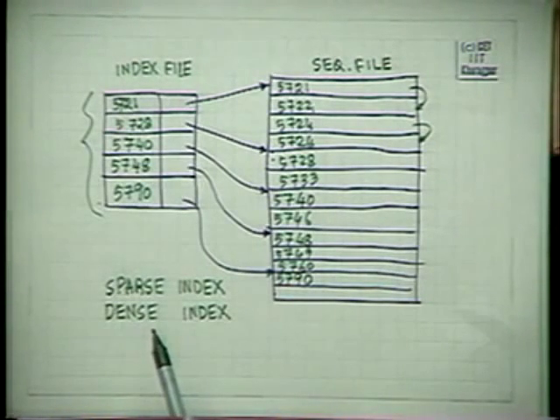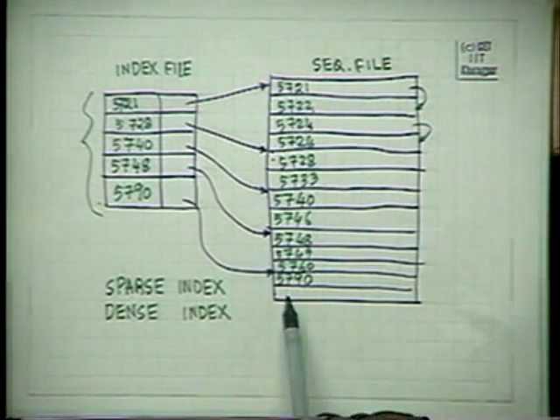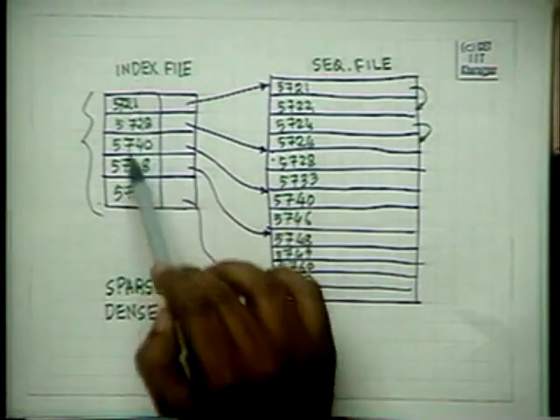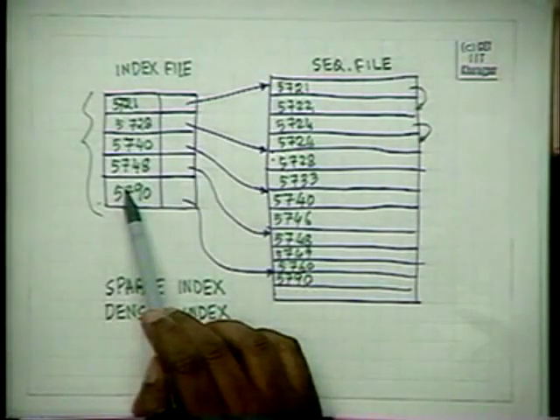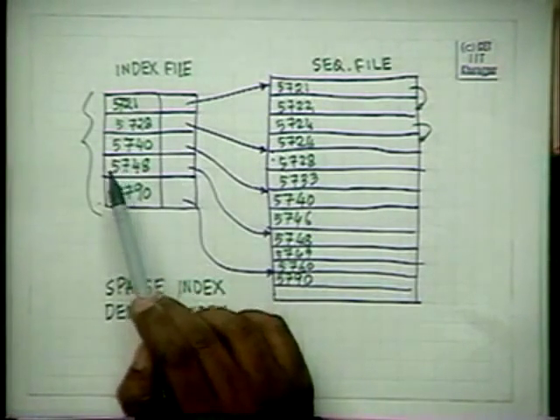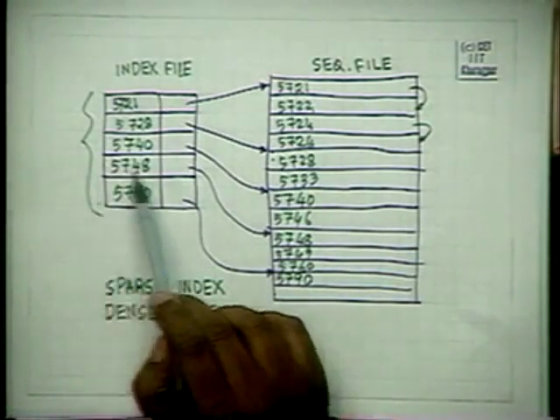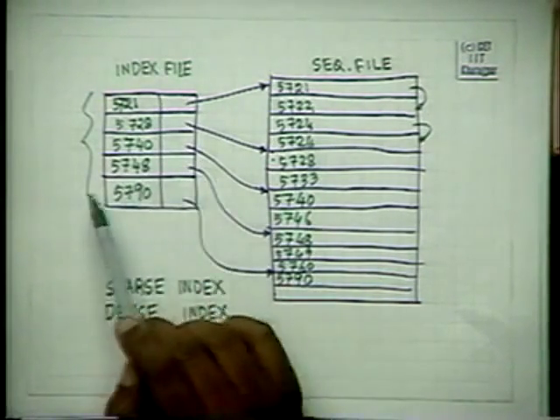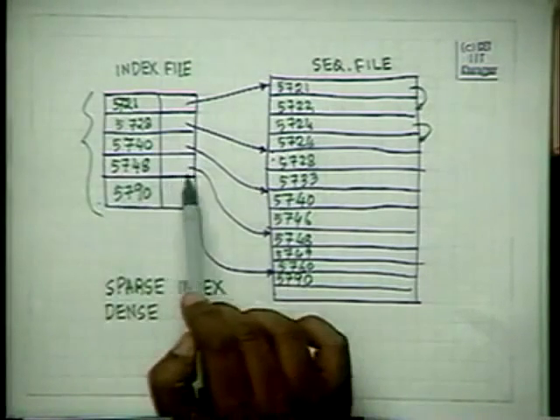For example, if we insert a new record, then if it is a dense index, we have to update this index file as well. If we delete a record on a dense index, we have to update the index file as well, because we will have to delete the attribute corresponding to the key where this value existed.